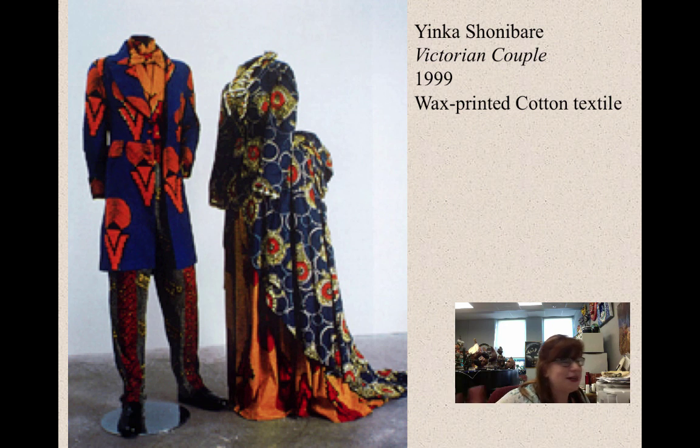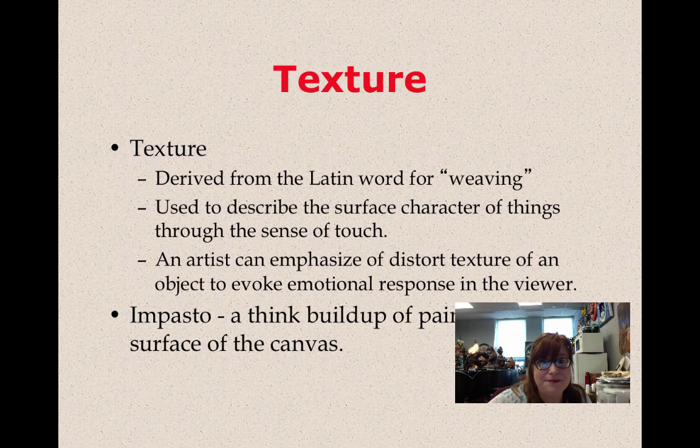So he's sort of using it to turn the idea of Victorianism and the idea of the British who colonized Nigeria, kind of turning that whole thing on its head and making a statement about issues of African identity and African authenticity. And the symbolism of color is very important in Africa.